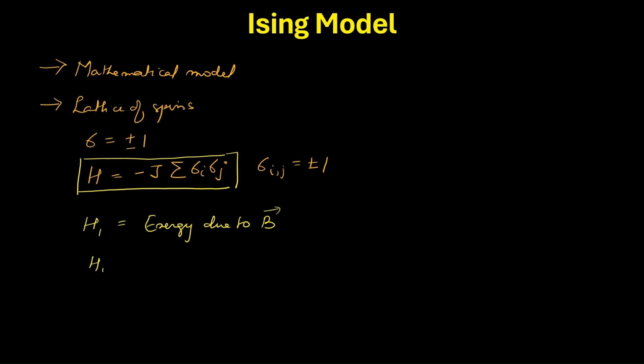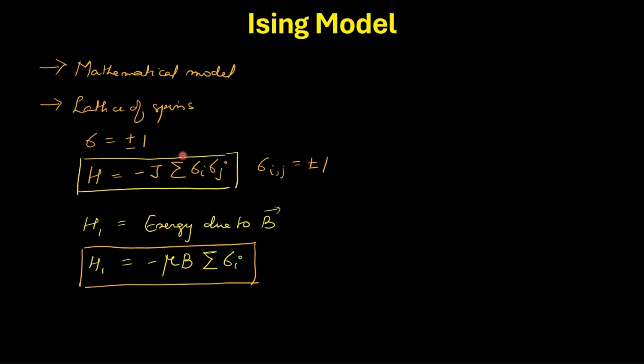So this energy we can write as minus mu B summation sigma i, where B is the external magnetic field term and mu is the magnetic moment. So depending on whether it is placed in the magnetic field or not, if it is not placed in the magnetic field, then only this term will come. But if it is placed in the magnetic field, then we will have two terms, one from this and one from this.